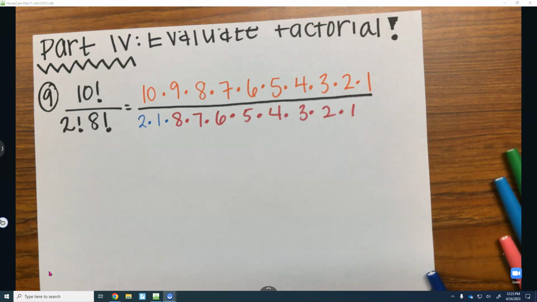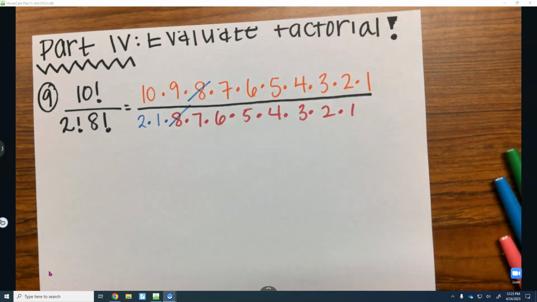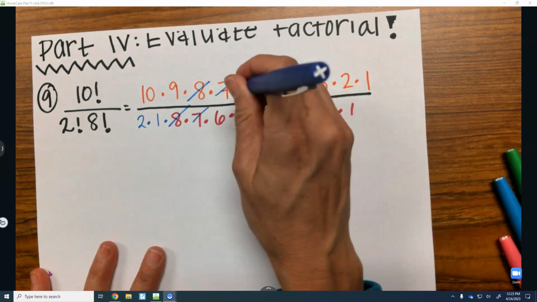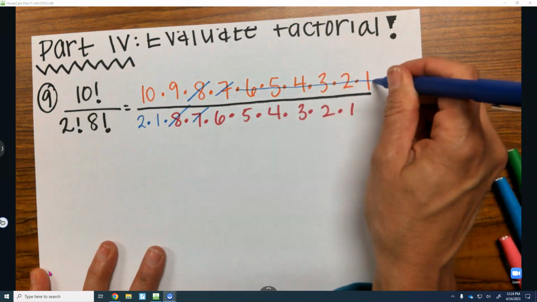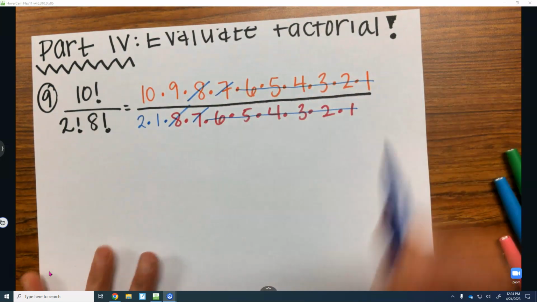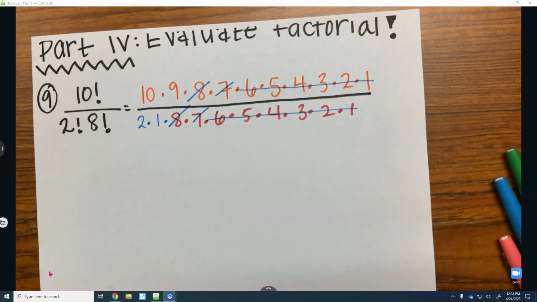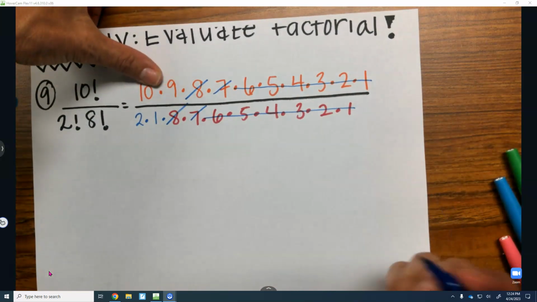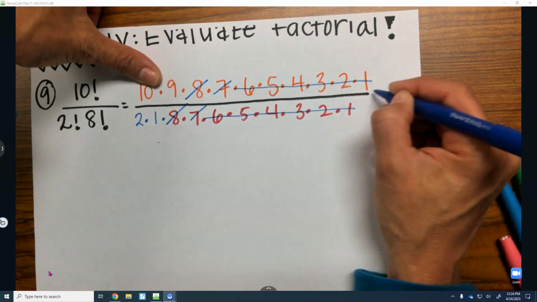That's all it is. Because look, there's an 8 here and an 8 here. Those are going to cancel. There's 2 7s. In fact, all of this cancels. So the only thing that's left, the 10 and the 9 up here, they didn't have anything that canceled out. So 90 is going to be on the top.